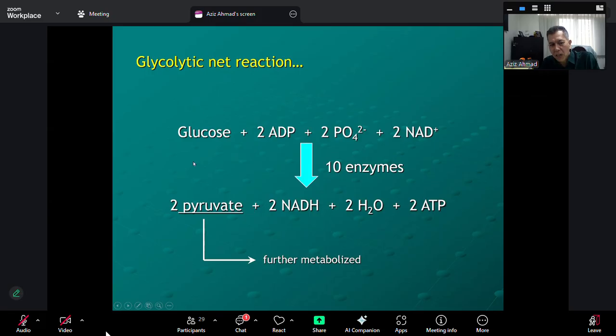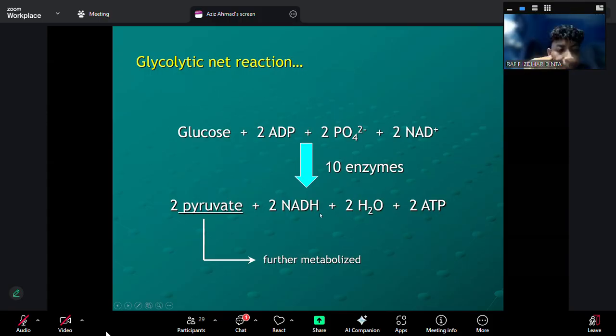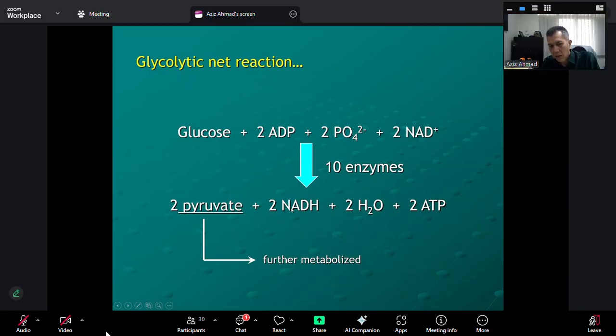Okay, if you look here, the products from the glycolysis are 2 pyruvate, 2 NADH, 2 ATP, right? Right. But this 2 pyruvate is in anaerobic condition. They will utilize this 2 NADH to produce lactate. Then what is remaining is 2 ATP, right? And if you go back to the early step, we already used 2 ATP, right?